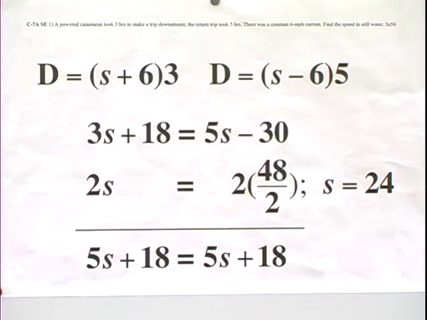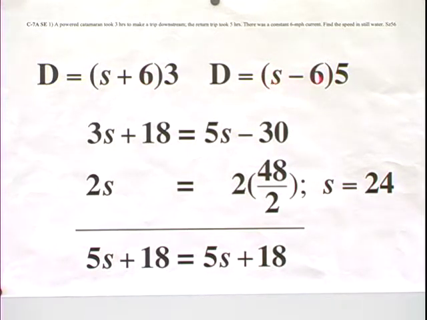This is an alternative method for solving the problem that we just did. Here's the fundamental equation. Distance equals velocity times the time. The speed in still water will be increased by 6 miles per hour because of the current when you're going downstream.